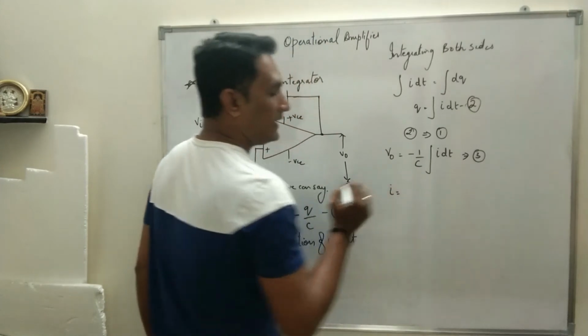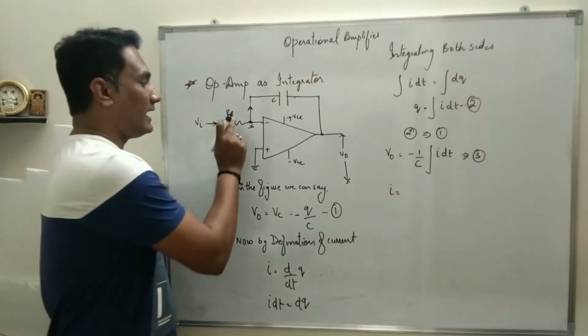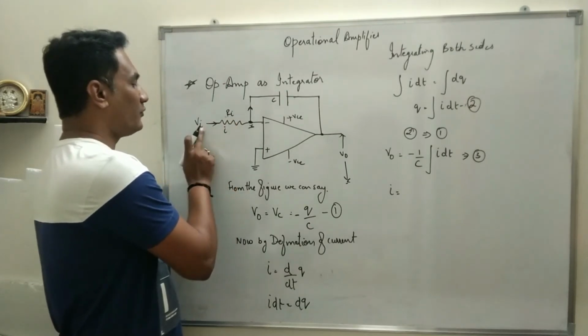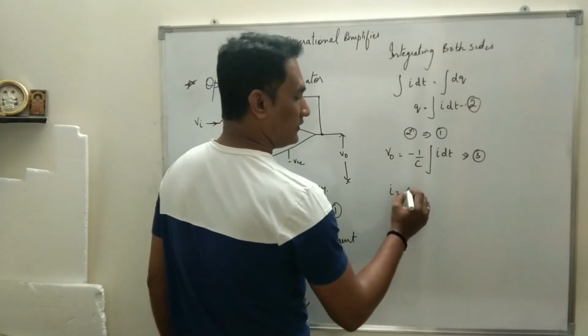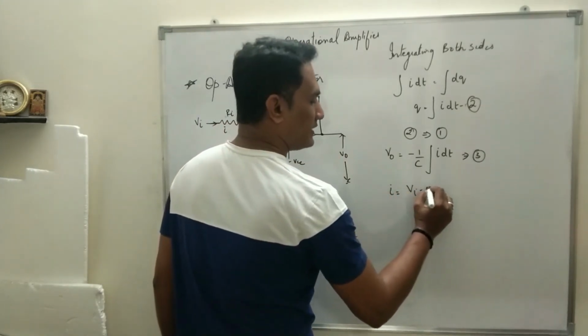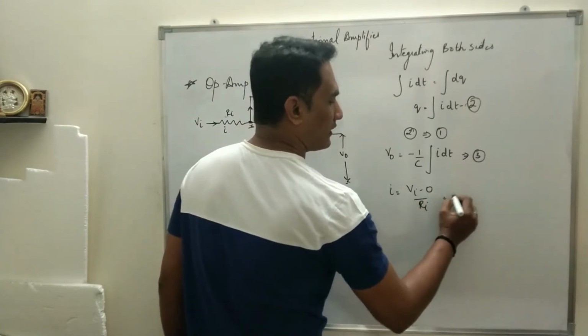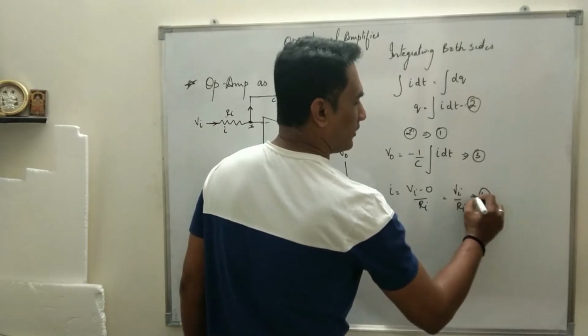And now what is I? I is the current flowing through Ri, and Ri is connected between which two points? Vi and the summing point, which is at virtual ground. So I will be potential difference divided by R, so it will be Vi minus 0 upon Ri, or I can say Vi upon Ri. Let this be equation number 4.